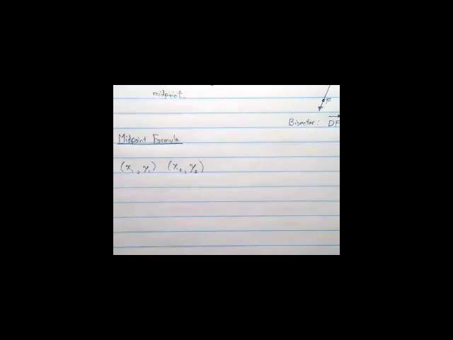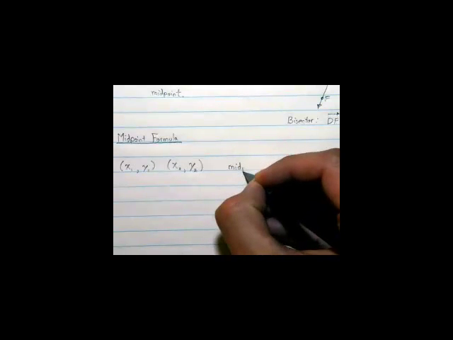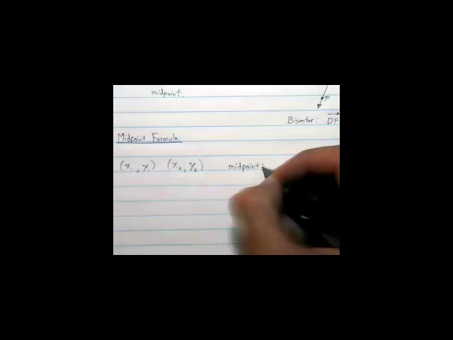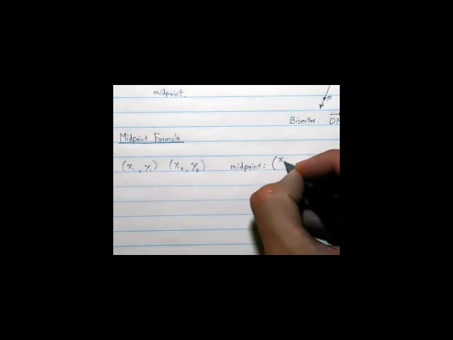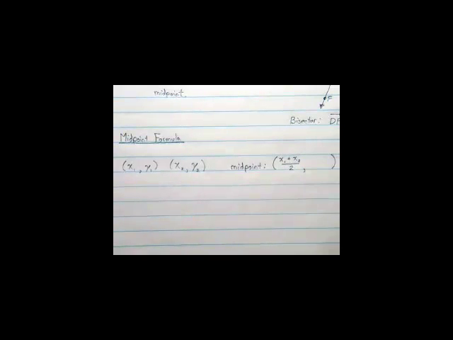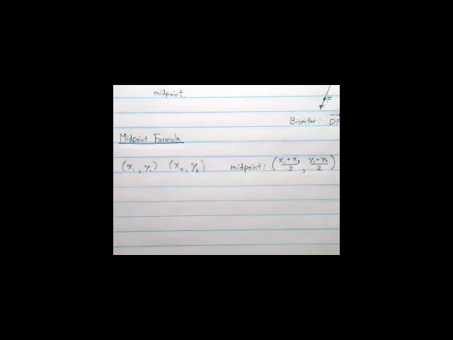The midpoint is another ordered pair, so we've got the parentheses. Leave yourself a little bit of room here, though. We want to average the x's and average the y's. That's going to put us in the middle. So the x-coordinate would be x1 plus x2 divided by 2. And the new y-coordinate would be y1 plus y2 divided by 2. And that's it.